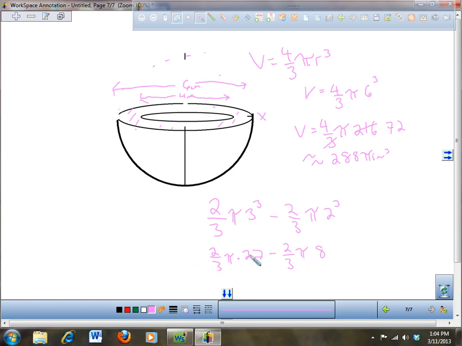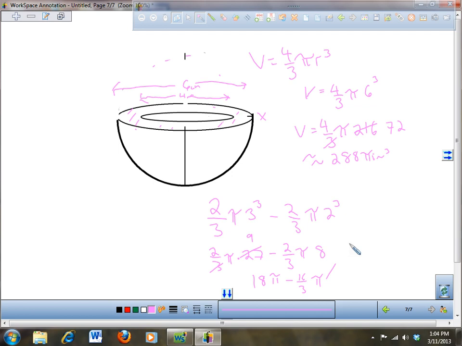This one comes out nice. 2/3 of 27 is 18, sorry. So 18 pi minus 16/3 pi.